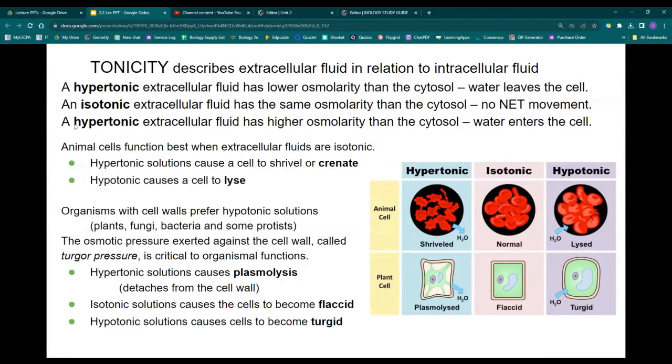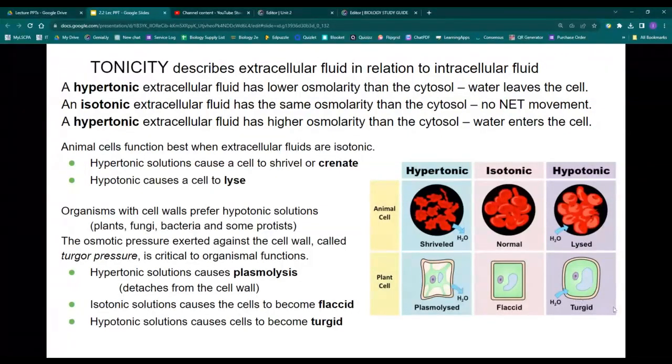The last one is hypotonic. Hypotonic means that the extracellular fluid has more water and the inside of the cell has more solutes. So the water is going to try to go into the cell, and this is really bad for animal cells because it can cause them to burst or lyse.